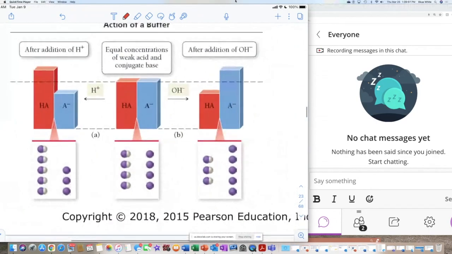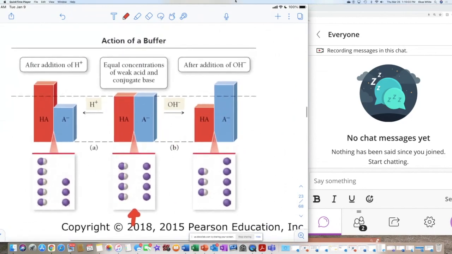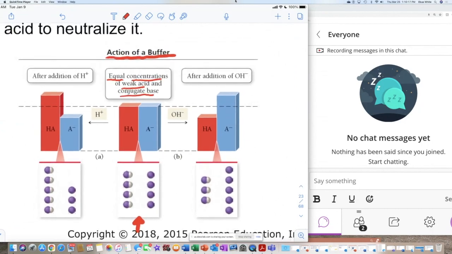Okay, so let's assume this part here, the middle, is the beginning. This is a picture way for them to show you what is happening. In the beginning, you assume you have equal concentrations of the weak acid and the conjugate base. So this is a weak acid equilibrium, a weak acid buffer.